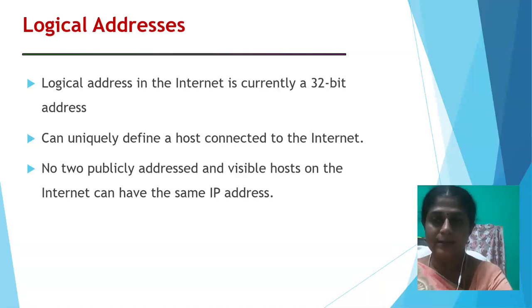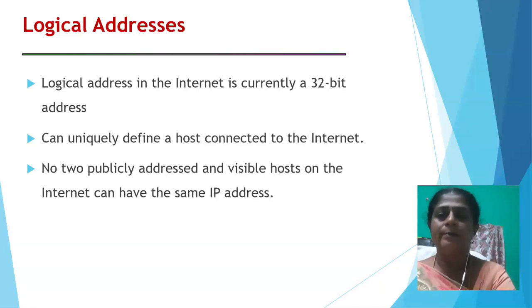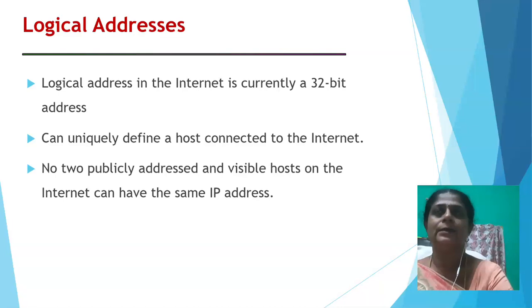So my address is unique in the entire internet. There are no two publicly addressed and visible hosts on the internet which can have the same IP address. IP addresses are unique all over the globe. That is how logical addresses are made.